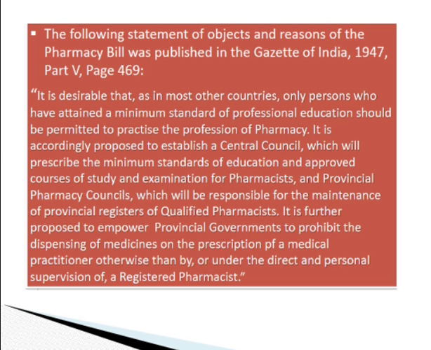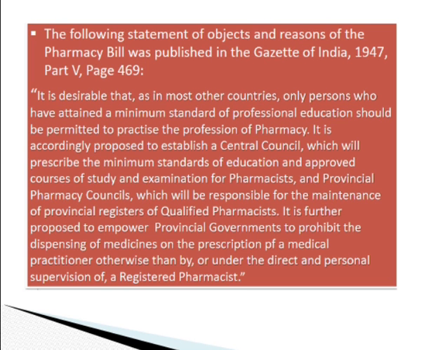The second important point: a person registered or eligible for registration in a medical register of a state, meant for registration of a person practicing in the modern scientific system of medicine.